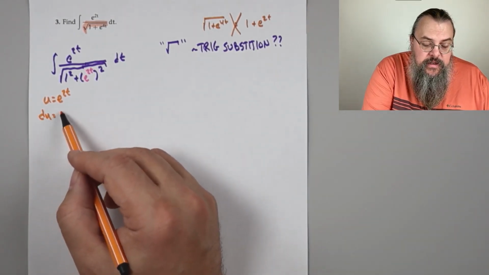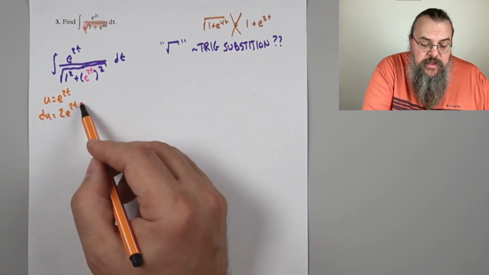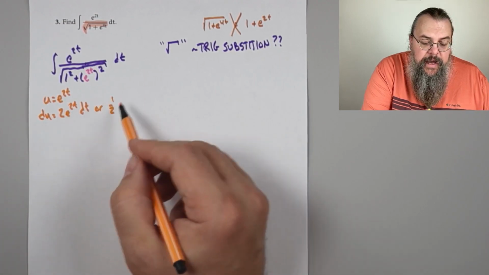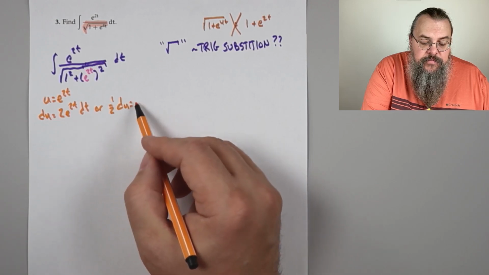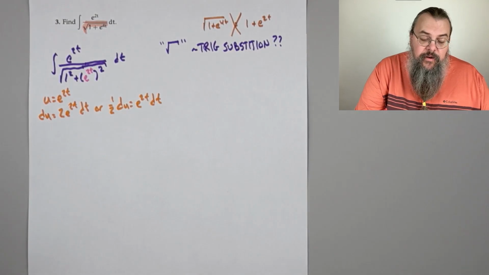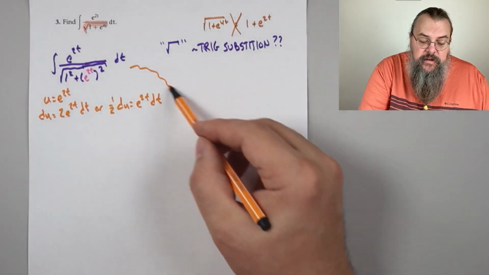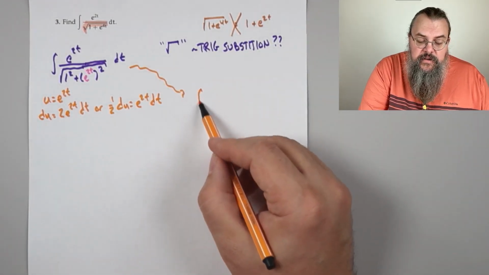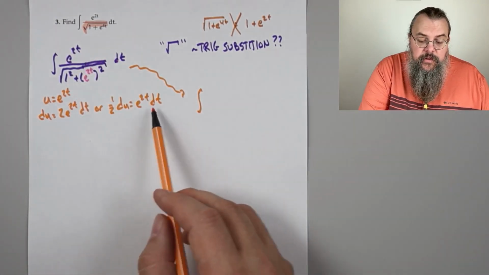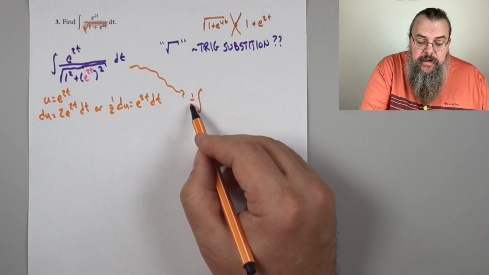Well, du would be 2 e to the 2t dt, or we could say 1/2 du is e to the 2t dt. Okay, so updating, this integral will become the integral. The e to the 2t dt, well, that's 1/2. And I can pull the 1/2 out.